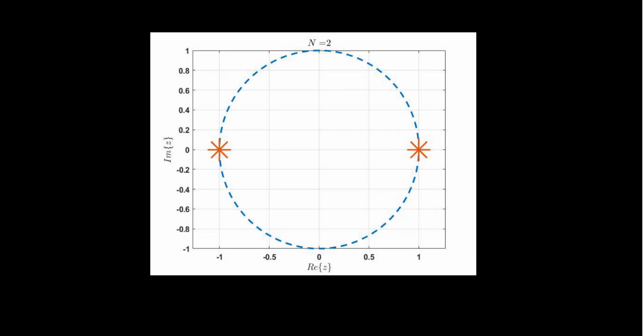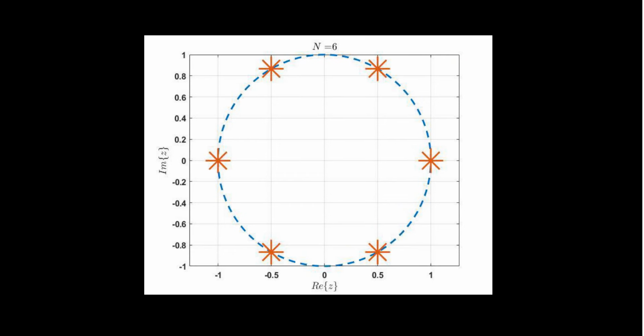So if we visualize this unit circle in the z plane, the Fourier transform is given by this unit circle here. And we had taken the samples of omega at 0 and pi. So these are the two samples when we discretize the entire range of 2 pi into just two samples.